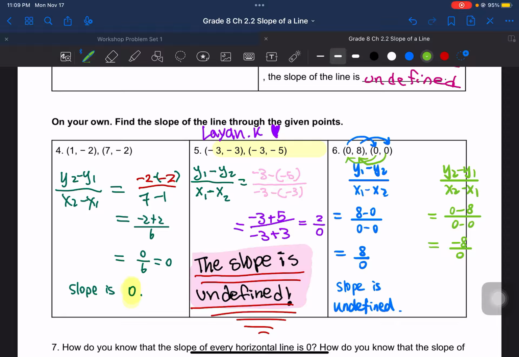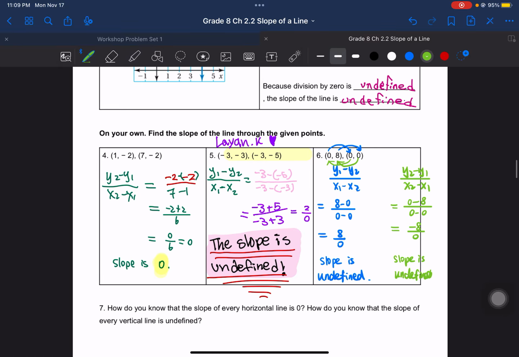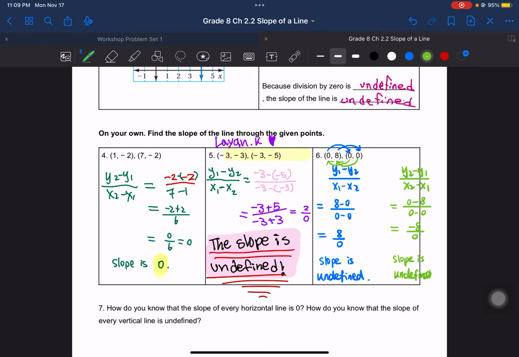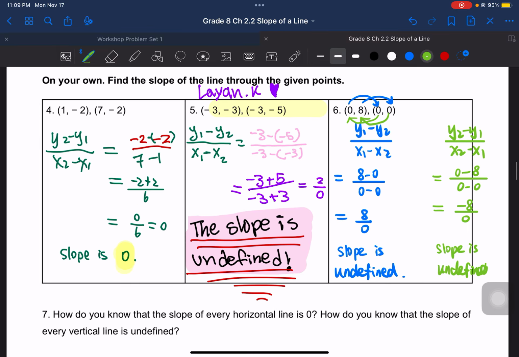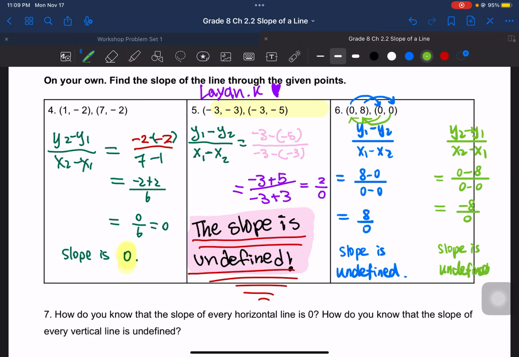Still, we have the 0 at the bottom, so the slope is also undefined. So either way, we'll always get the same answer. So that is that. Use the given points to find the slope of the line.